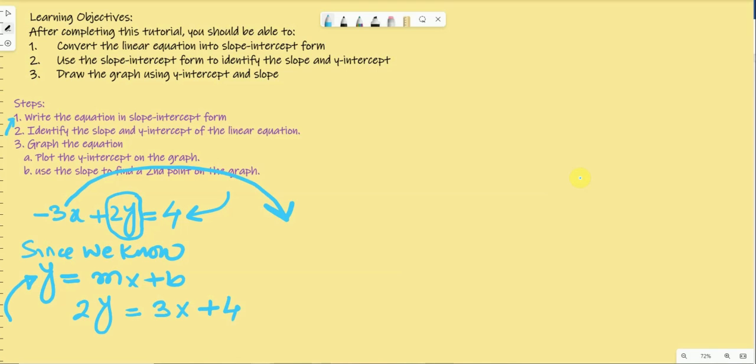Remember, in math, whenever you are moving any term from one side of the equation to the other side of the equation, the sign of that term will change. So here minus 3x, when we moved it to the other side, has become positive.